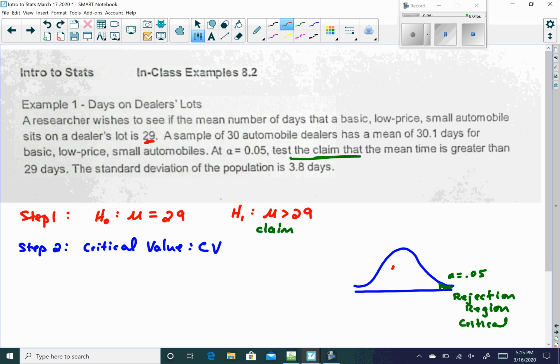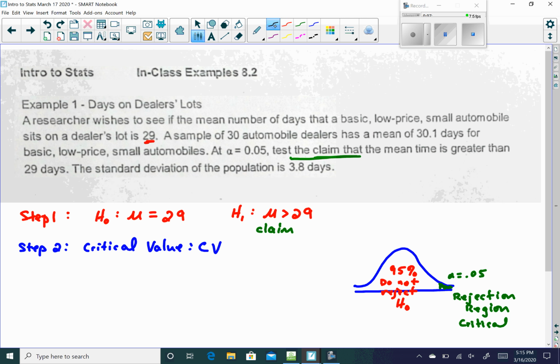The 95%, if our test value falls over here, we do not reject. It's the non-critical region. So if it's over here, we do not reject the null hypothesis. But first, let's find this critical value.